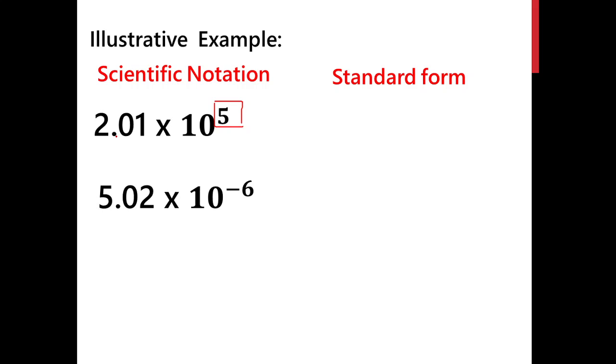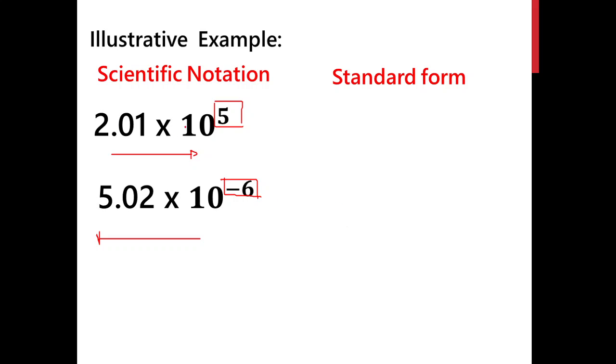If it's positive, we need to move the decimal to the right. If it's negative, we need to move the decimal place going to the left. This one is going to the right because the exponent is positive. This one is going to the left because the exponent is negative.